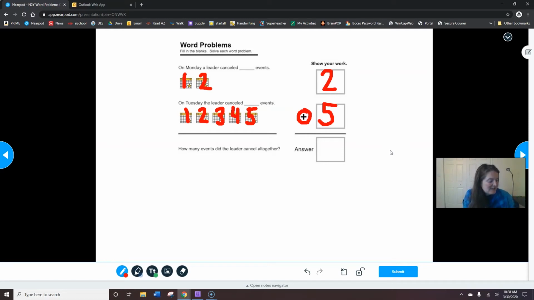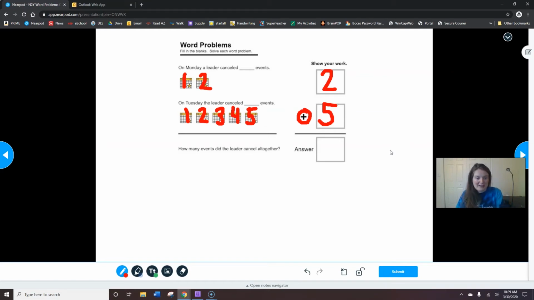Okay. Here's going to be the 2 events that he canceled on Monday. 1, 2. Then on Tuesday, he had to cancel 5 events. So here are my 5 events Tuesday. Ready? 1, 2, 3, 4, 5.